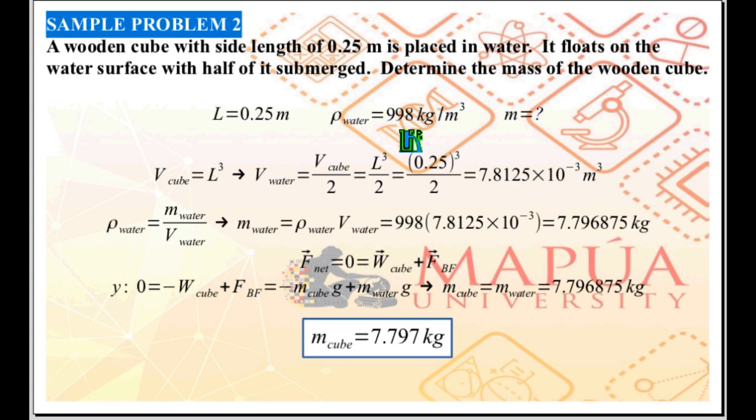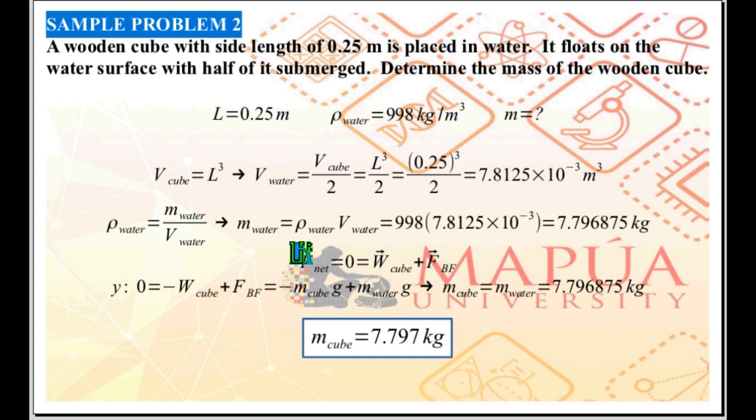Knowing the density of water, knowing the volume of the displaced water, we are able to determine the mass of the displaced water. Rho water is equal to mass of the displaced water divided by volume of the displaced water. Volume density is mass divided by volume. Transferring V water to the other side, we have the equation for the mass of the displaced water.